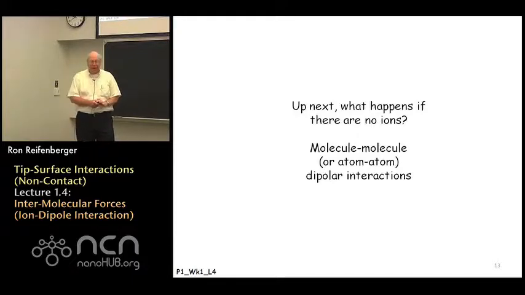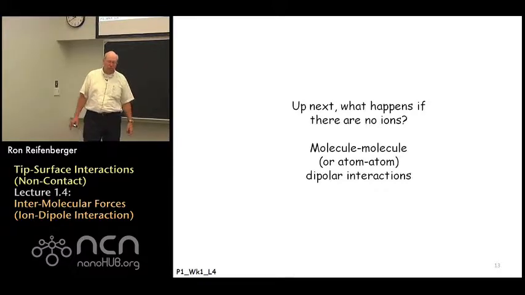Up next, we'd like to extend this discussion in an important way, because when we do atomic force microscope experiments, we usually don't have ions free floating around. Usually we have a tip that's electrically neutral interacting with a substrate that's electrically neutral.